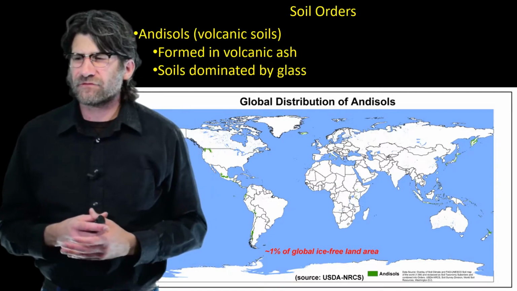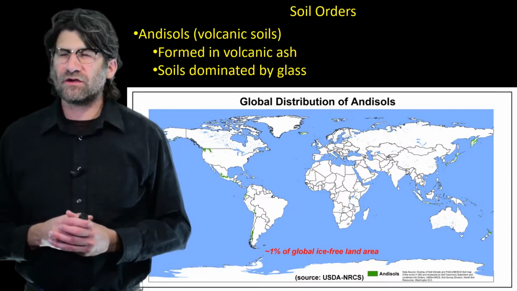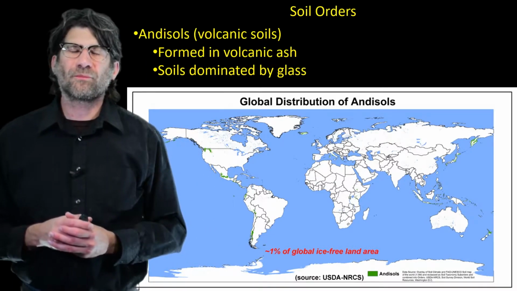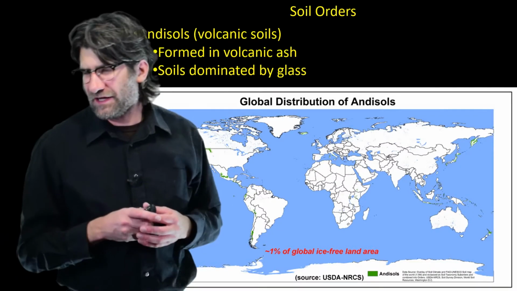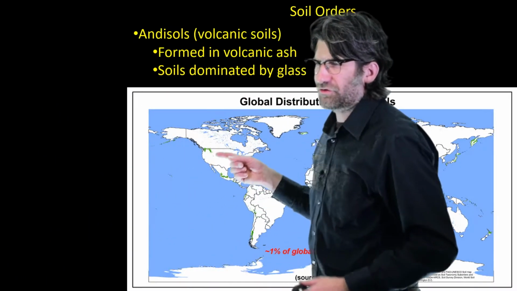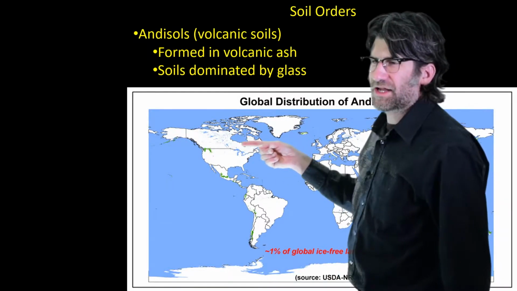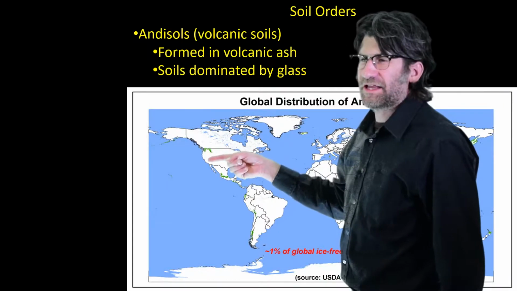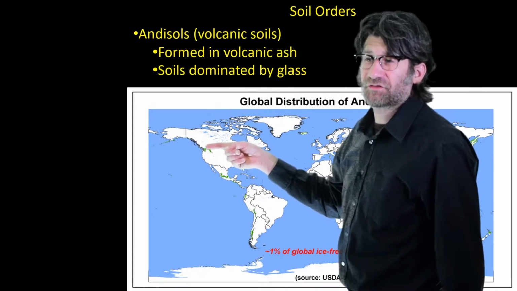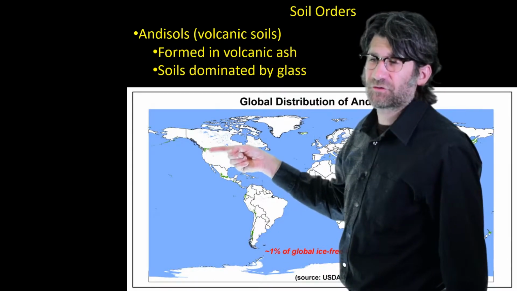Okay, moving on from spodosols, another one that people love and is very common in our part of the world in the Pacific Northwest, those are andisols. And andisols, it's really hard to see where you have them on the map here, but you can Google it and have a look. You're going to find andisols where you have lots of active volcanoes, like say the Pacific Northwest.